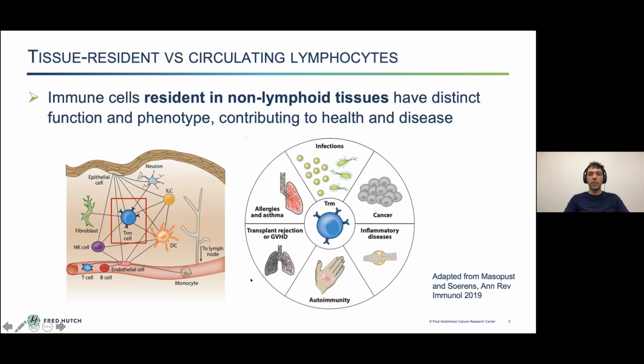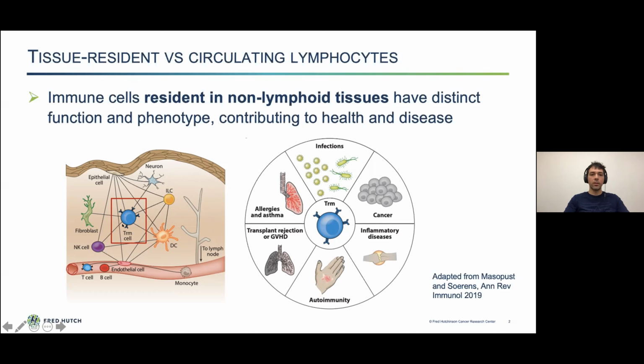On top of that, TRM cells have been shown to play a role in various biological processes. Of course, they are a first line of defense against infections, be it viruses or bacteria, but they've also been shown to play a role in a variety of autoimmune diseases or inflammatory diseases. And also they've been shown to be a critical component of the immune response against developing cancer cells.